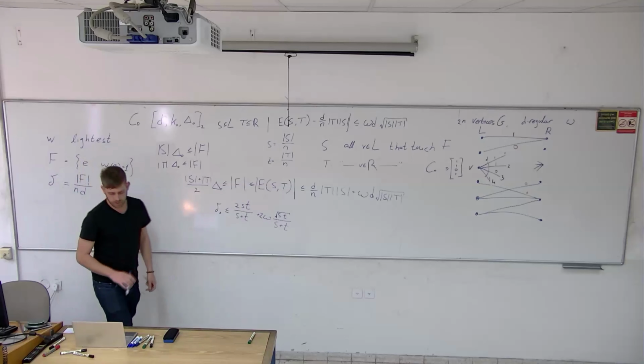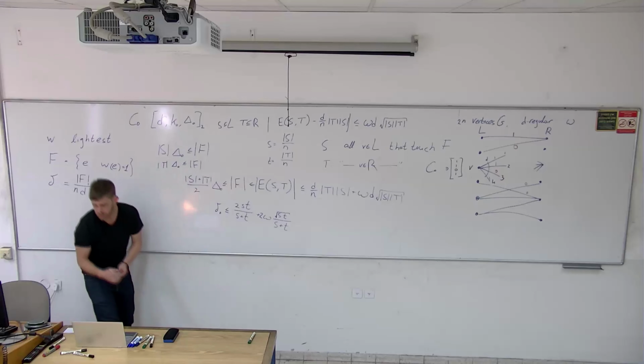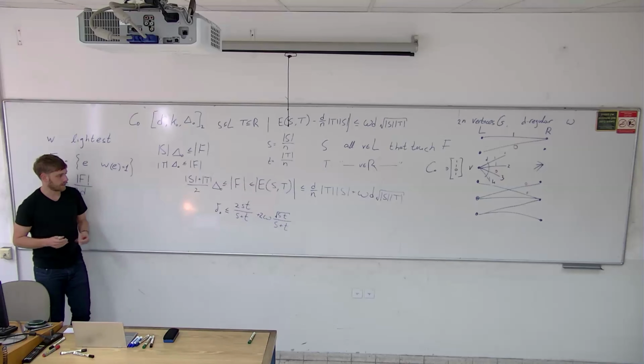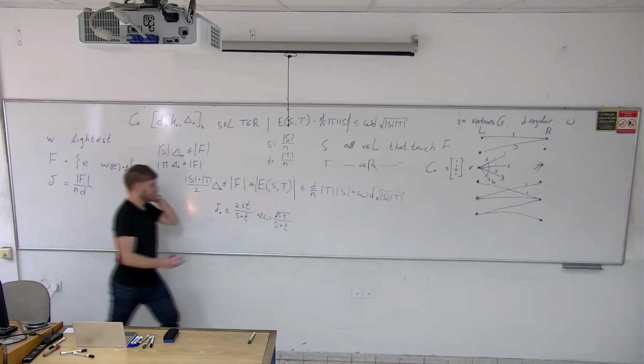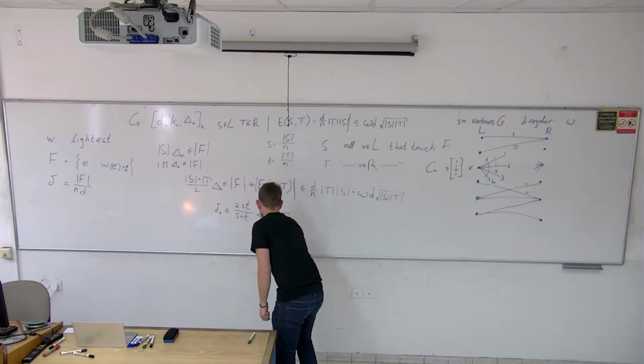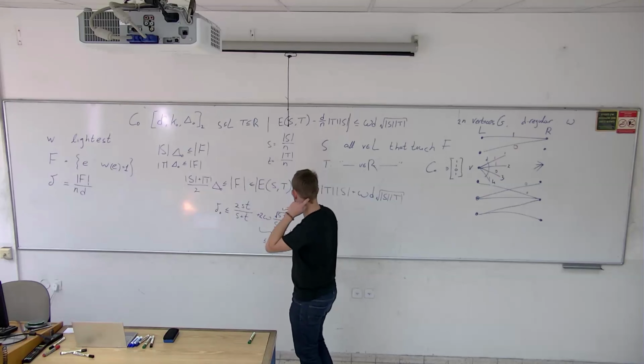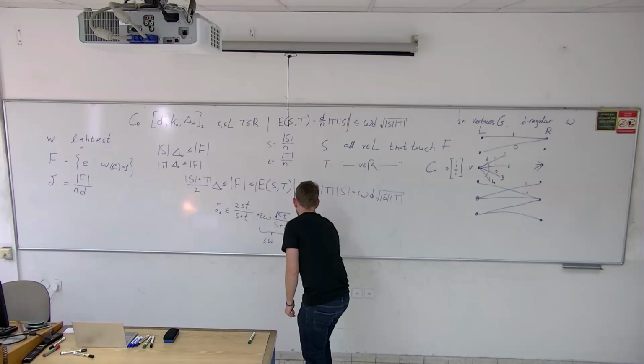So this equation simply translates to this equation by multiplying by the correct normalizations. Nothing interesting here, but how does this help us to bound the size of F? First of all, I want to claim that this term is at most omega. And the way to see it is that the square root of st is smaller or equal to s plus t over 2.